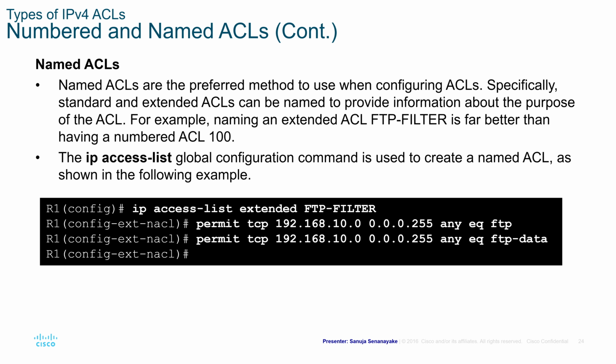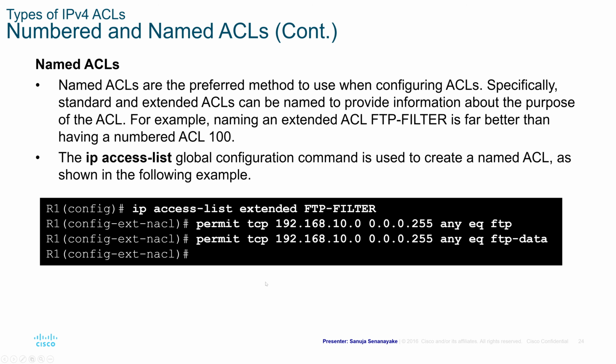So the ip access-list global configuration command is used to create named ACLs as shown in the bottom of your screen. Named ACLs are the preferred method because it is also easy for humans to read. So you would go ip access-list extended, and then you're going to say FTP-filter. So that's going to be a named ACL.